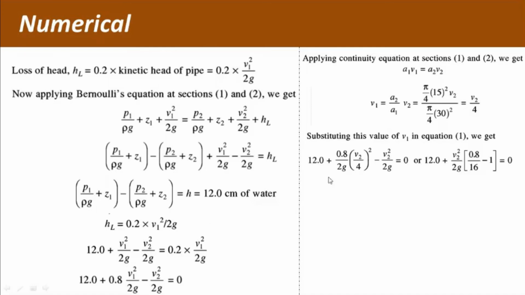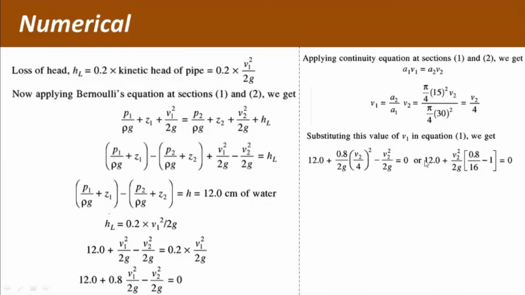So we will put this in equation A. That will be 12 plus 0.8 by 2g into V1 square. V1 square is nothing but V2 by 4 whole bracket square, minus V2 square by 2g, that equals 0.